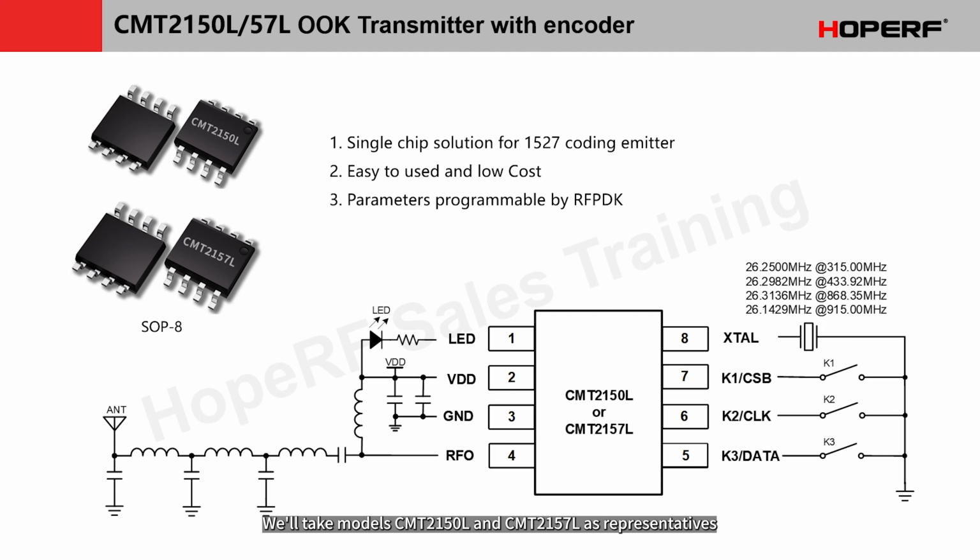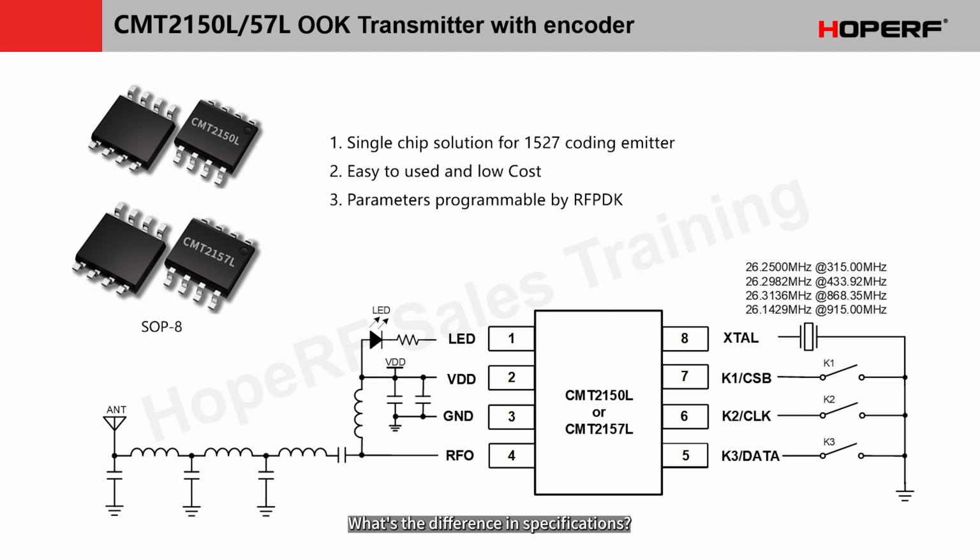We'll take models CMT2150L and CMT2157L as representatives to introduce the functions of single transmitter chips with encoding. These two models are pin compatible. Both come in SOP 8 packaging. According to the naming rule, CMT2157L is a higher spec model than CMT2150L.